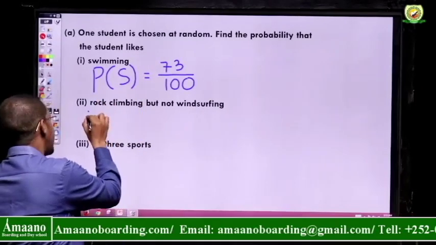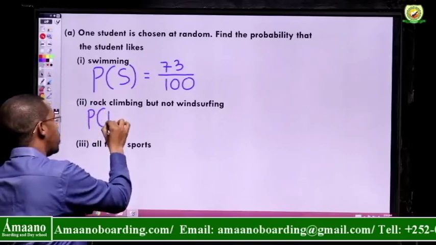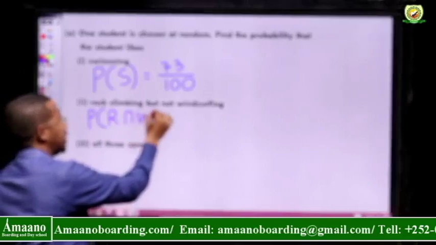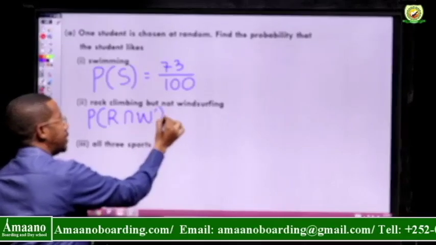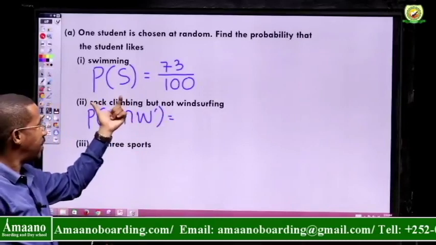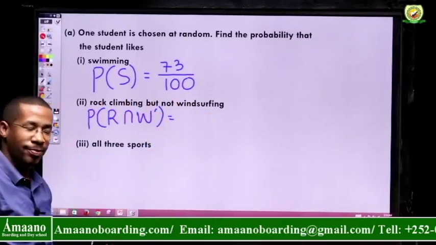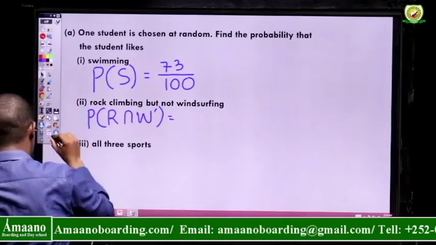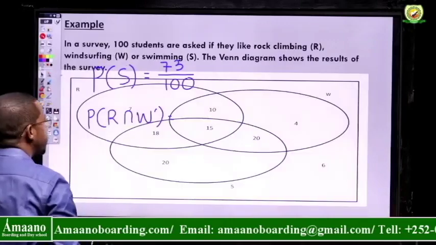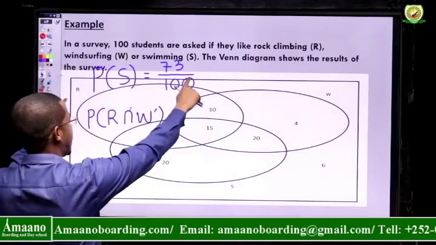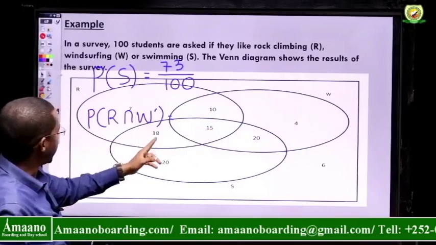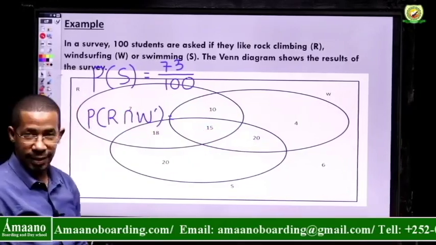This means find the probability of R but not W. So we have to be inside R but outside W. Inside R, but not including W, you have these two parts, 7 and 18.